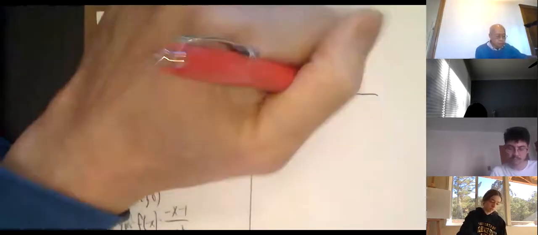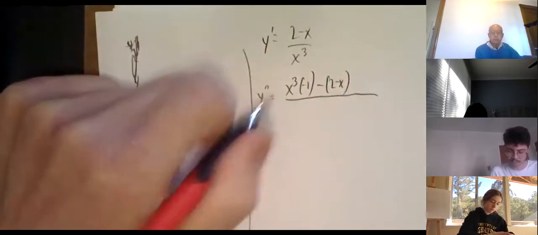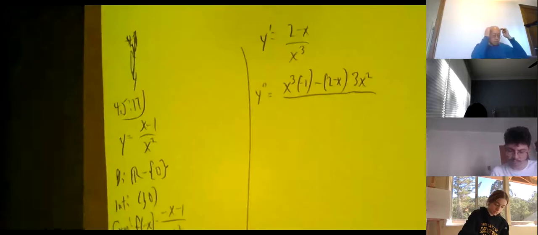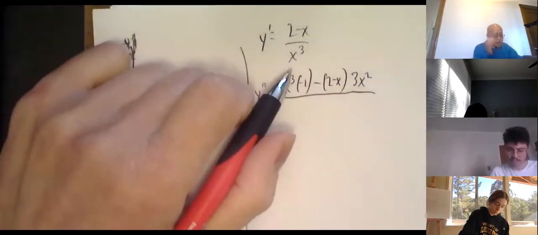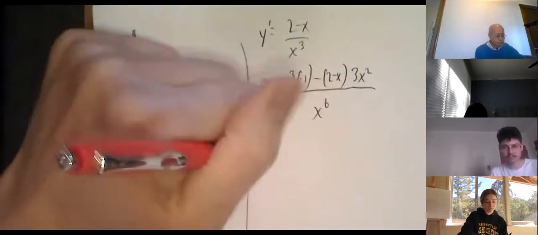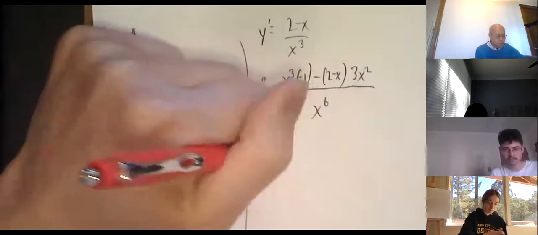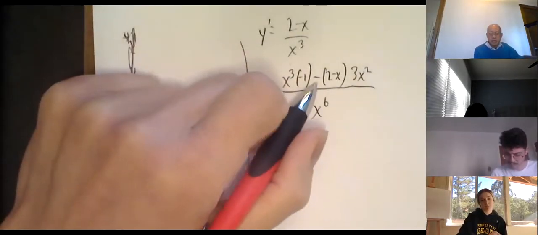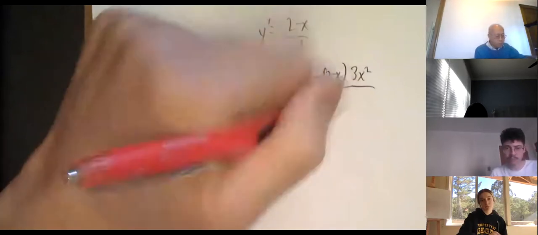Minus the top times the derivative of the bottom, all over the denominator squared. What is x cubed squared? X to the 6th. Okay, clean it up. This is negative x cubed. There's too many negatives here. Let me play the trick of making that a plus and turning that around.